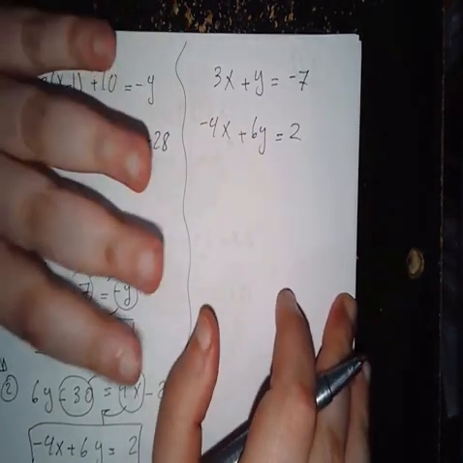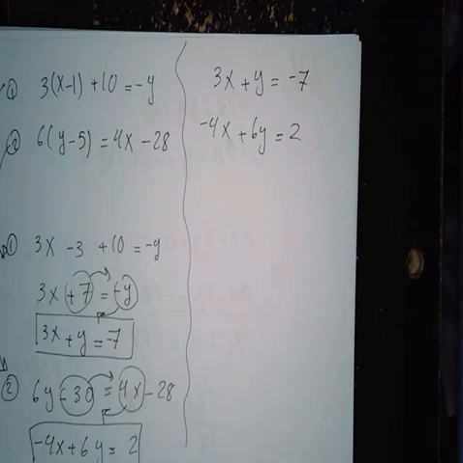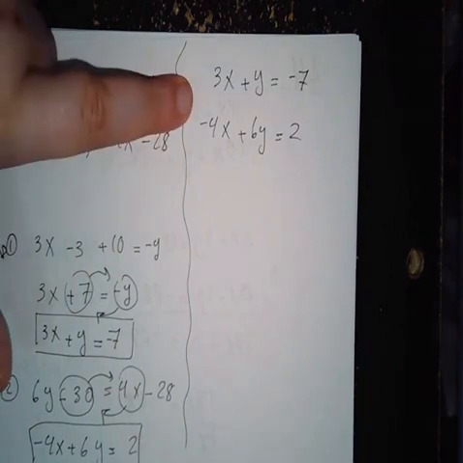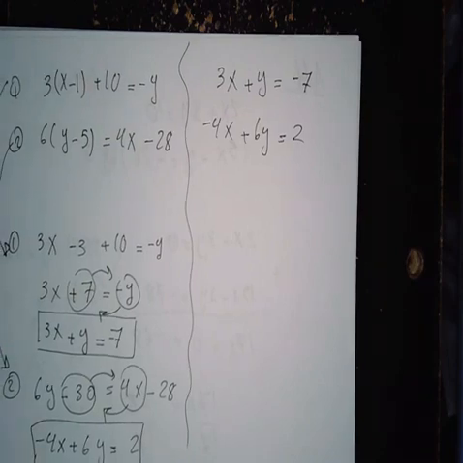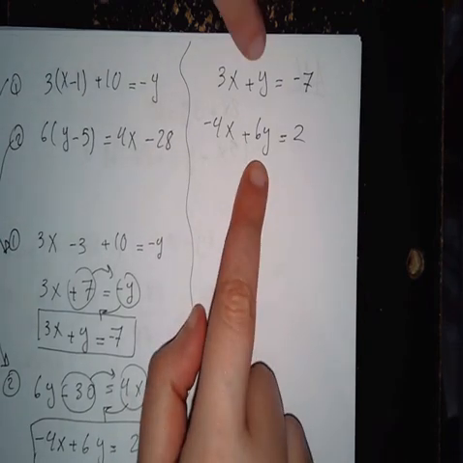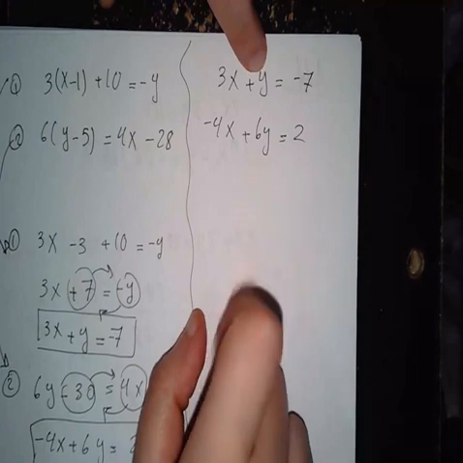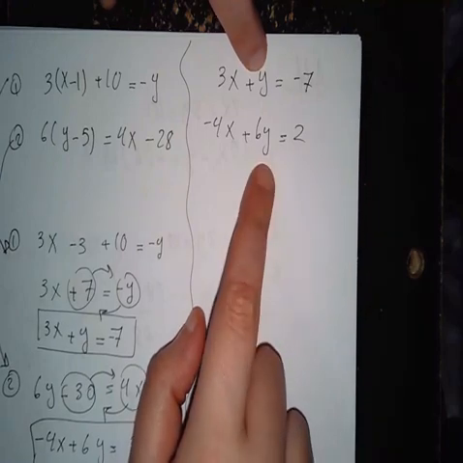Alright. Now, let's think. How do we manipulate these two to use the addition method and eliminate one of the two variables? So when I add, I want one of the two variables to disappear. Yeah? So how do I do that? The easiest way would be to multiply the y on top by 6, right? Because we have a 6 over here.